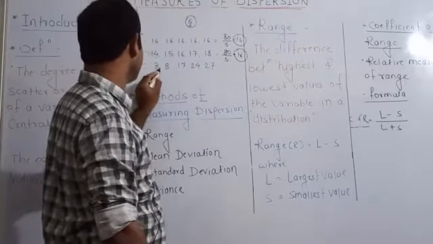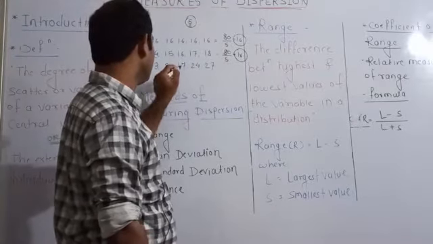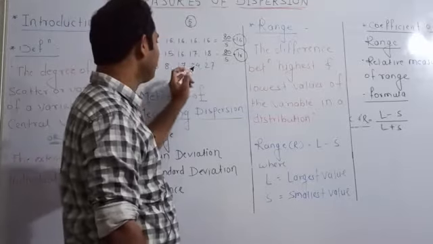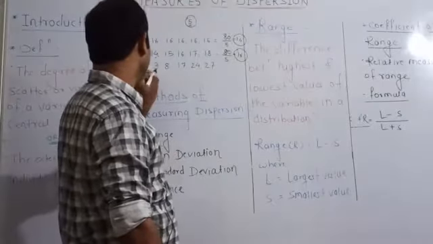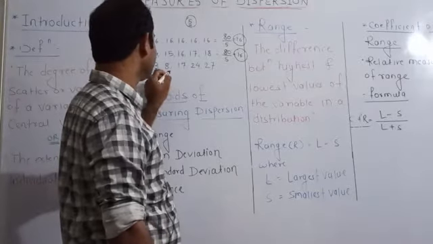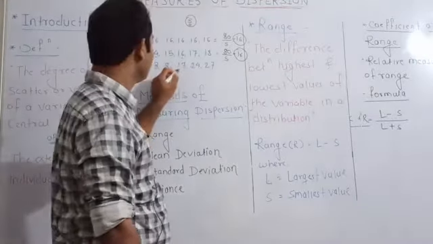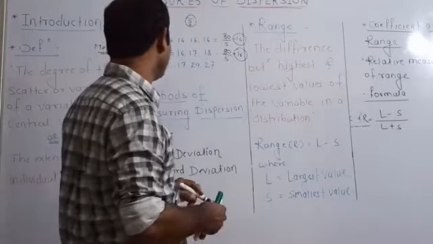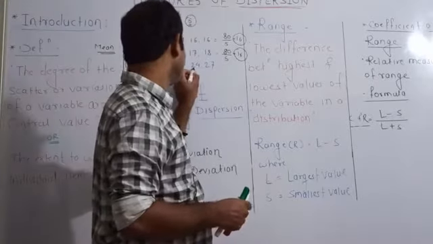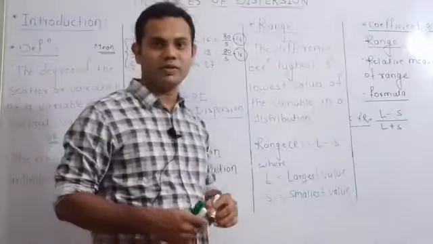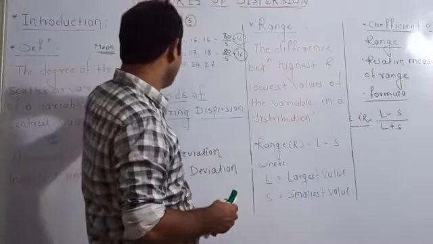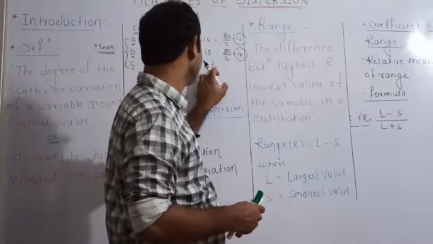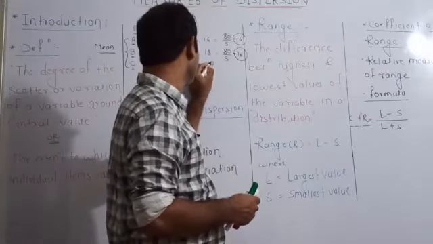Then the third, 8 plus 3 becomes 11, 11 plus 17 becomes 28, 28 plus 24 becomes 52, 52 plus 28.